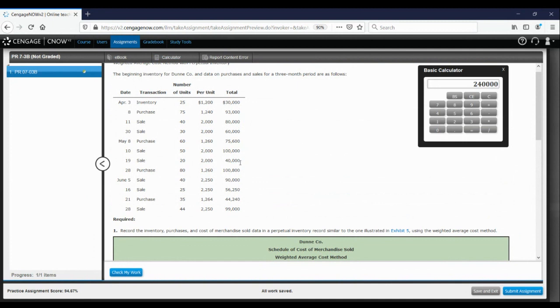And then we're going to pick up the sale on May 19th of 40,000. We're going to add the sale on June 5th at 90,000. We're going to add the sale on June 16th at 56,250. And we're going to add the sale on the 28th of June at 99,000.